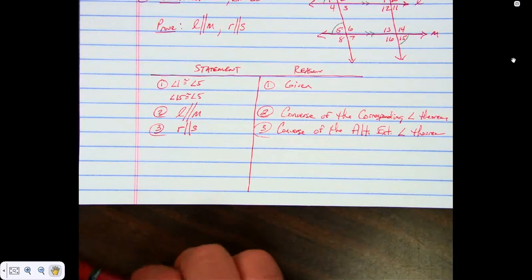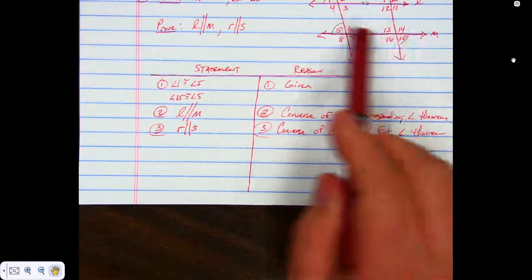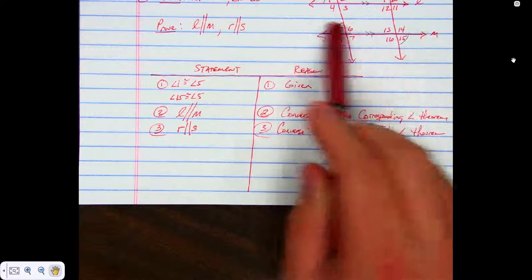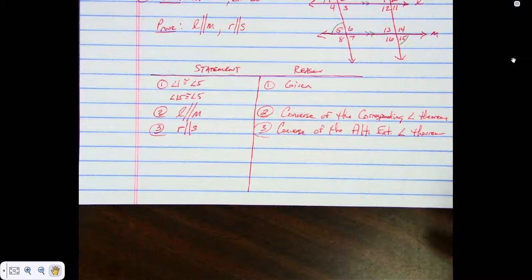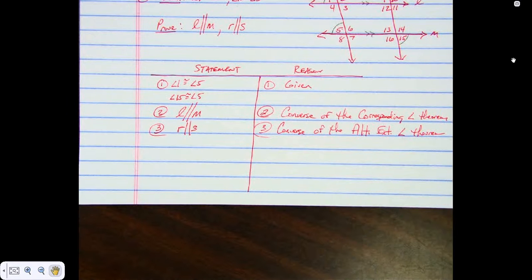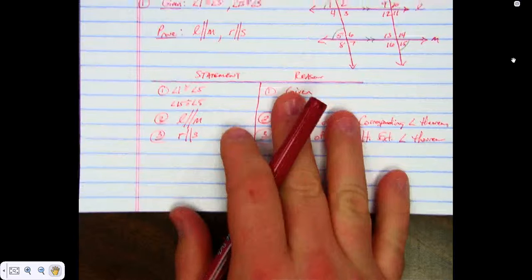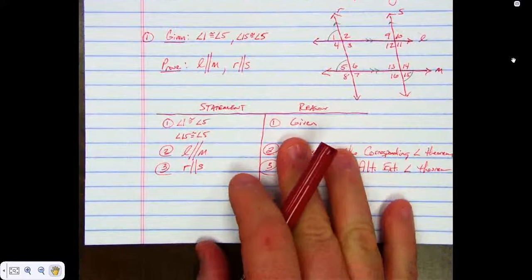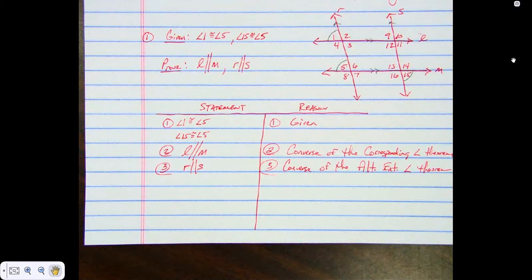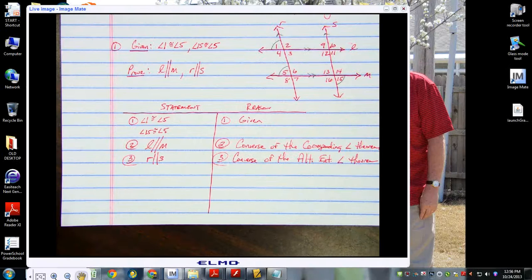Because I've stated that these two are congruent, and they happen to be alternate exterior angles, I have a theorem that says if two angles are alternate exterior angles, then the lines are parallel. That's why I wanted you to write this down separately. I don't mind the workbook, but I don't see a reason to make more steps than what they are. You know what I mean?